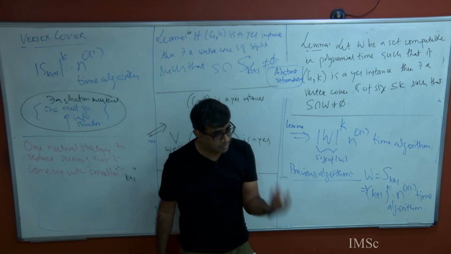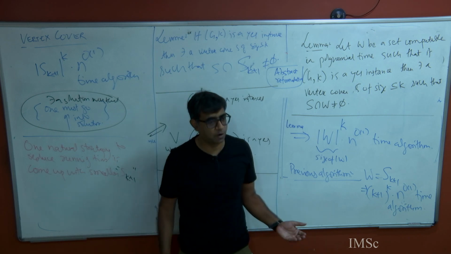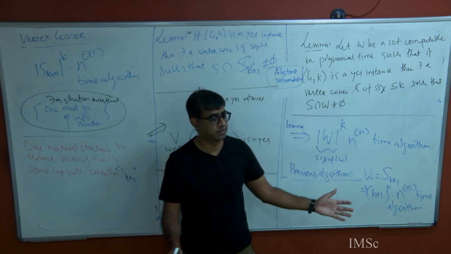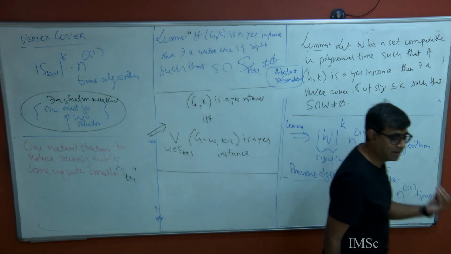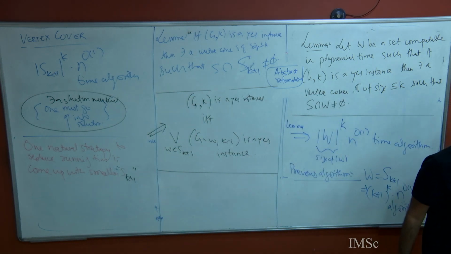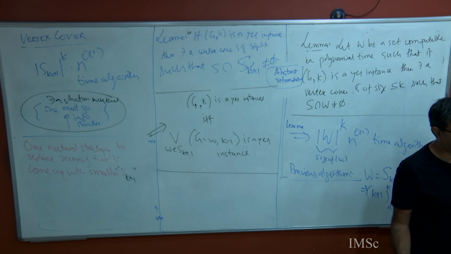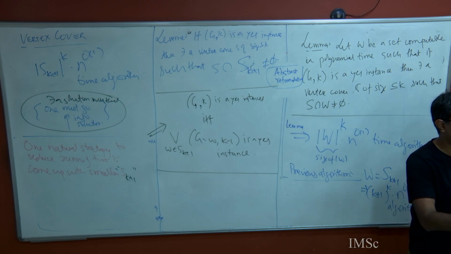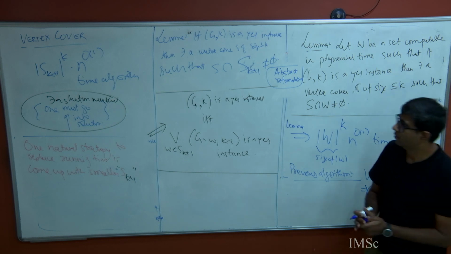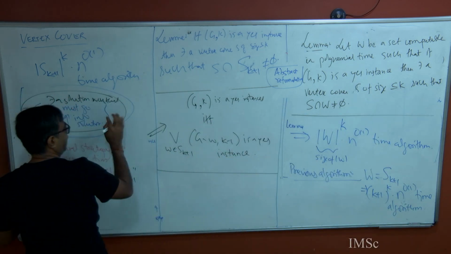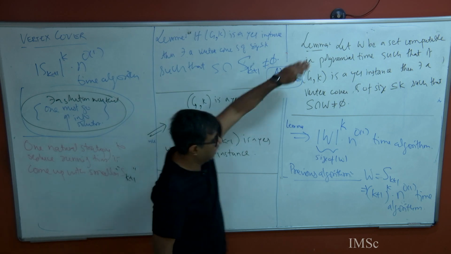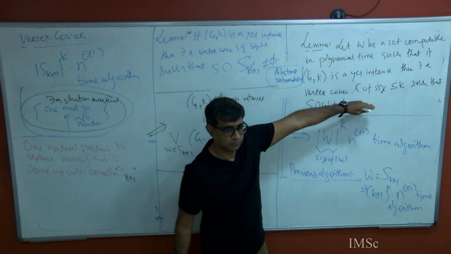It is a set W with the property that an optimum solution intersects with it. The property on which our algorithm depended was that in polynomial time we could come up with a set such that my optimum solution intersected with it. I have phrased this property into this lemma.